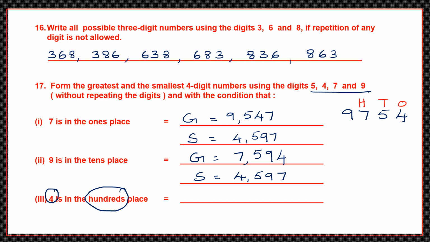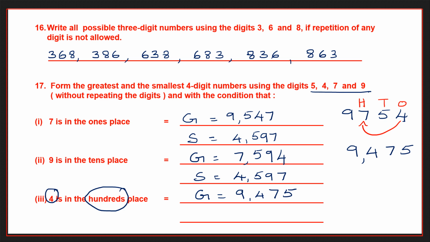So 4 should come here to the hundreds place. So let's write that. So 9, then 4 and I'll have to move the others 7 and 5. So what do I have? 9,475. So that is my greatest number. 9,475.